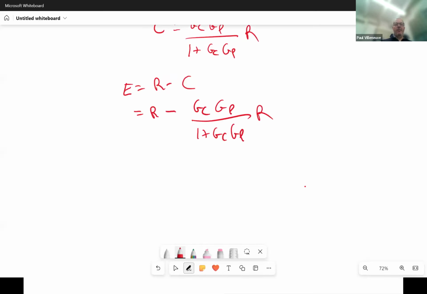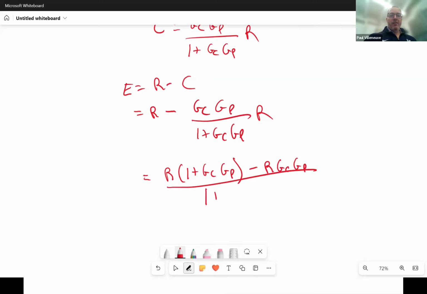Now what I'd like to do is some common denominator work, right? So that's equal to R times 1 plus GC, GP minus R times GC, GP all over 1 plus GC, GP. Anything tricky that I've done there other than just common denominator?